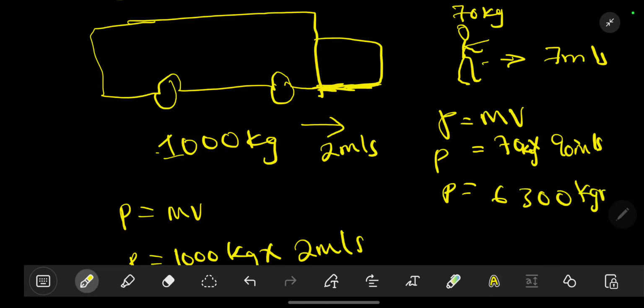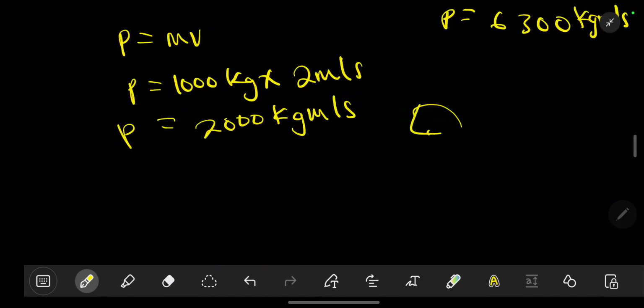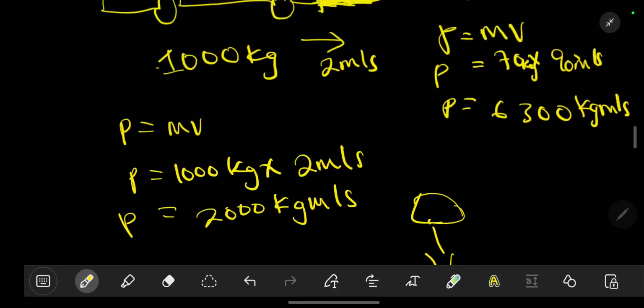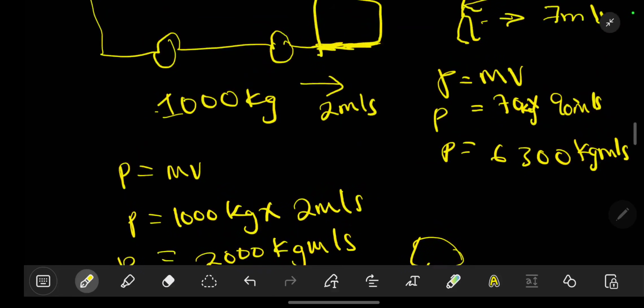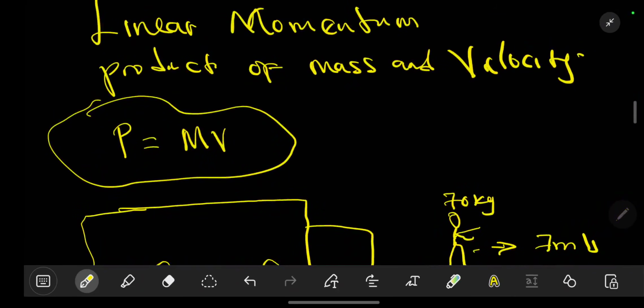So this tells you that momentum is not only dependent on the mass, but also the velocity. That's how come if an object is falling really fast, it will exert a greater amount of force when it falls. Let's say it's from outer space and falling. As it falls, it will produce a lot of damage. That is as a result of momentum. So momentum is the product of the mass and the velocity.